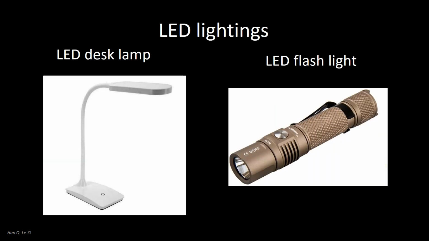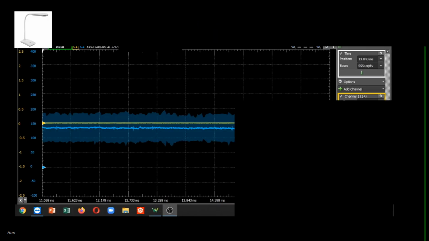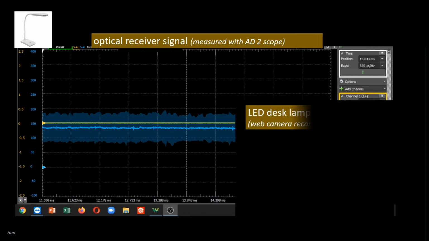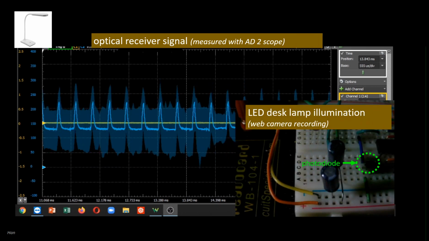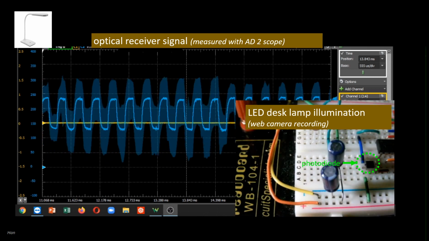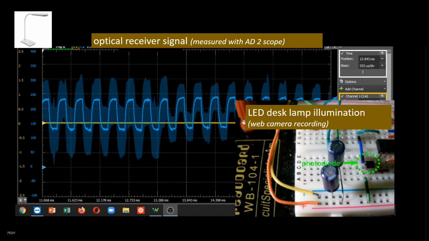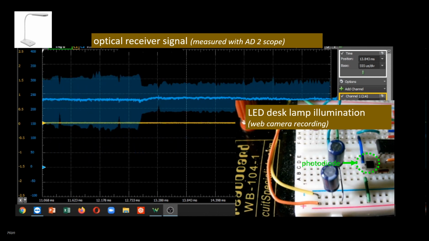In the following, the optical receiver was used to detect how LED lighting adjusts the light output power. The LED desk lamp has 3 light output settings: low, medium, and high. It was measured with the optical receiver as displayed by the AD2 scope, and in the lower right, recorded with the web camera.